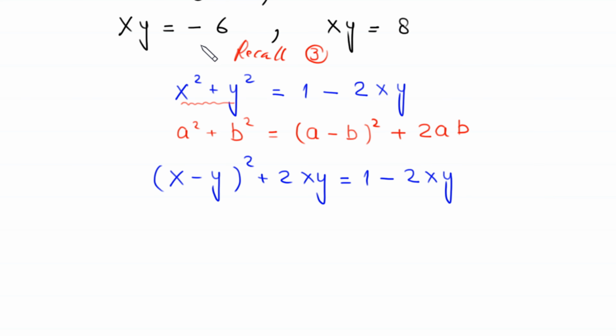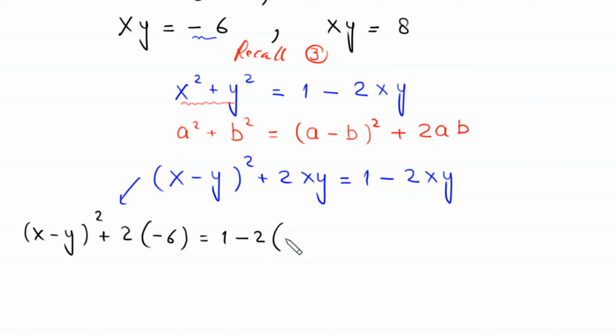And from here, when xy is equal to negative 6, then this will become x minus y whole squared plus 2 times negative 6 is equal to 1 minus 2 times negative 6. Next, x minus y whole squared, this 2 times negative 6 will become negative 12 is equal to 1. Negative 2 times negative 6 will become plus 12.